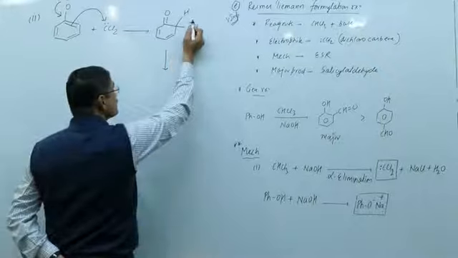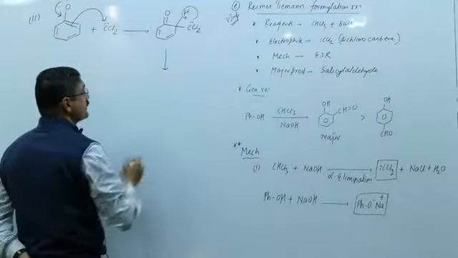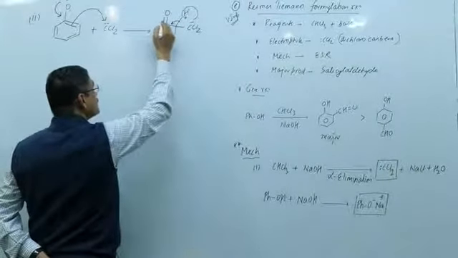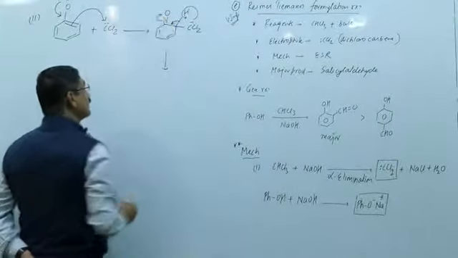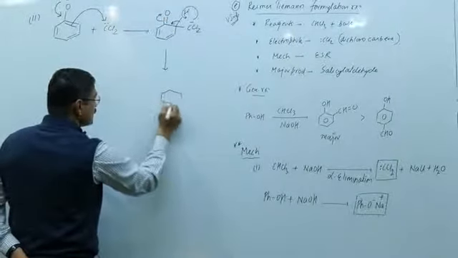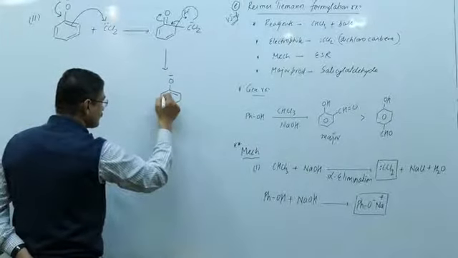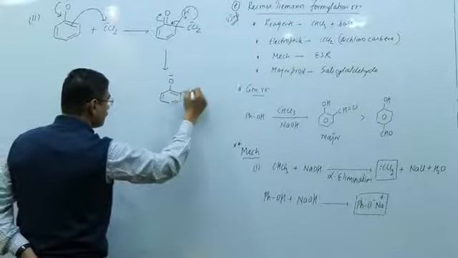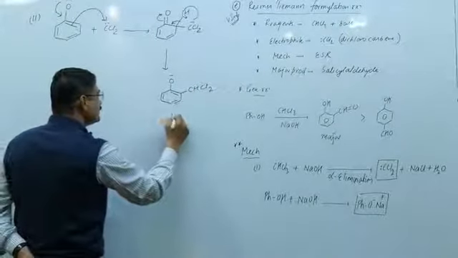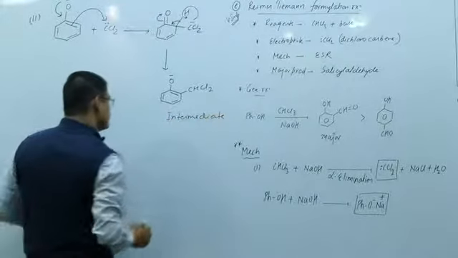Now this C minus negative charge gains the nearest hydrogen atom from the ring. The ring is again aromatized, converted into aromatic, and the pi bond electrons are transferred to the oxygen atom. So this is the intermediate species for this reaction.